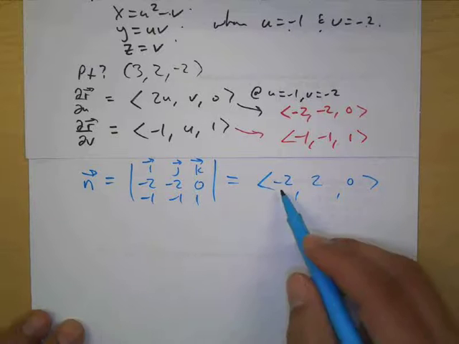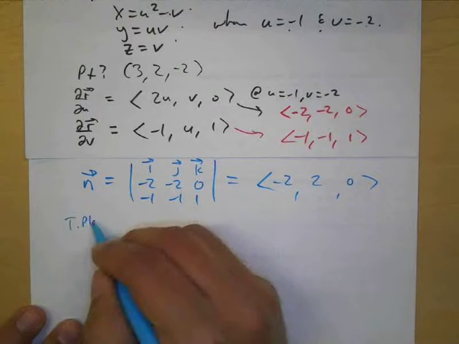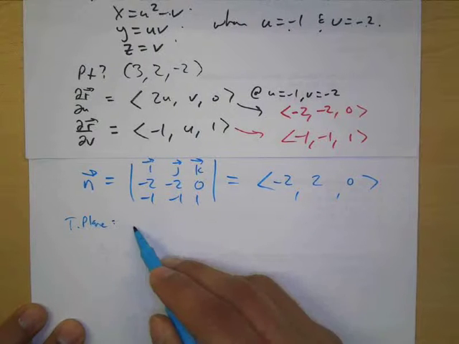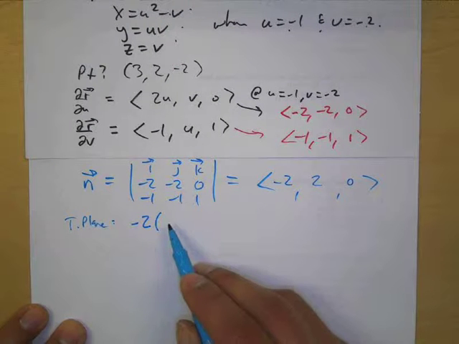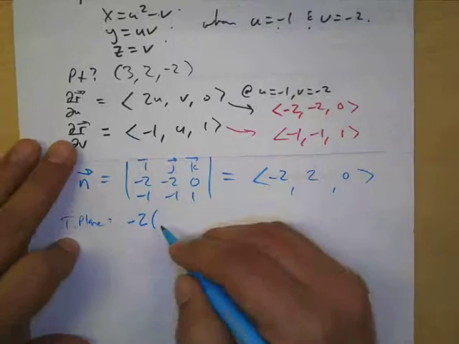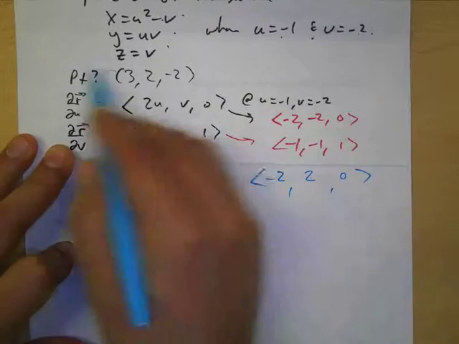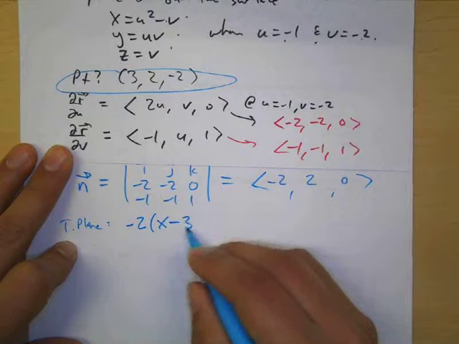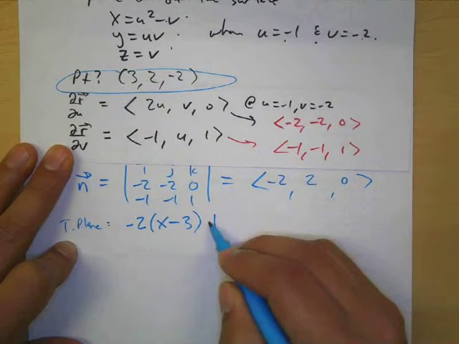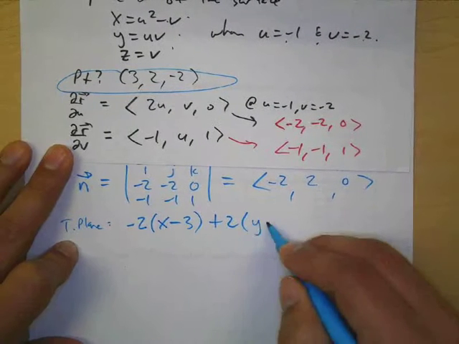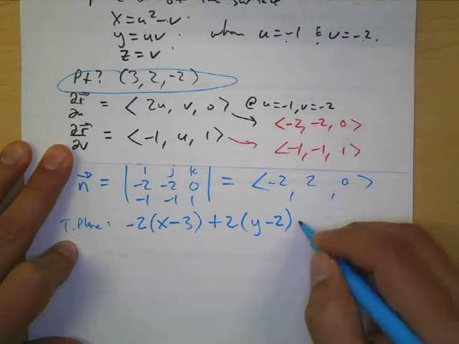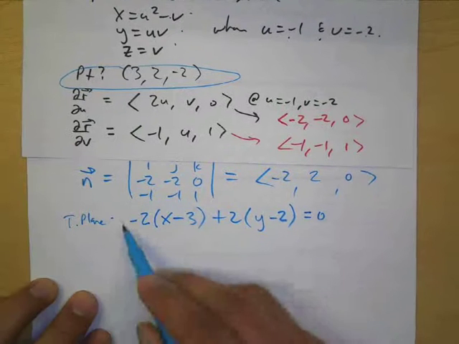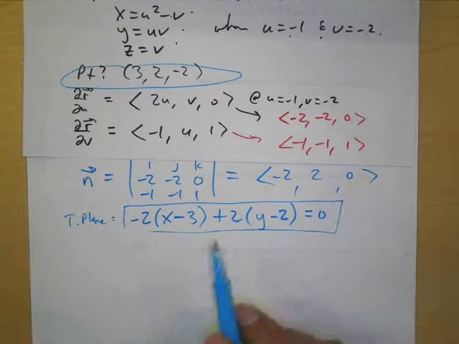We got our normal vector, so now our tangent plane would be -2 times what? x minus, what was our x coordinate? There we go. Plus 2 times y minus 2, and lucky for us, there's no z. So in this case, here is our tangent plane.